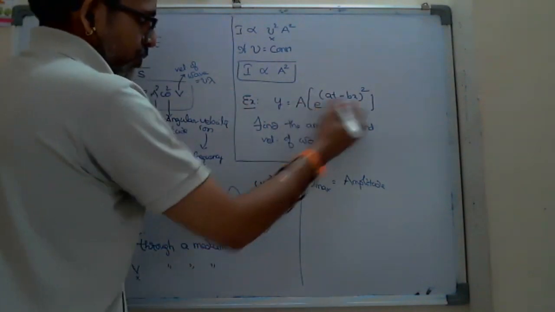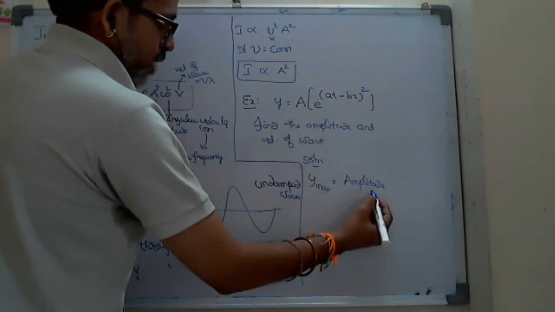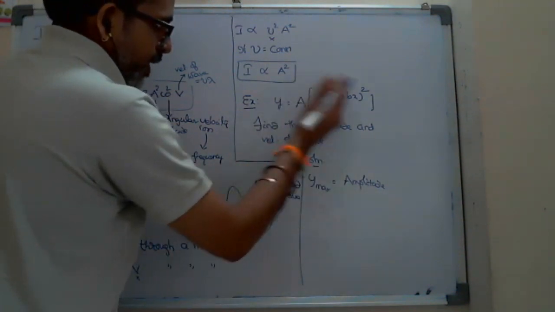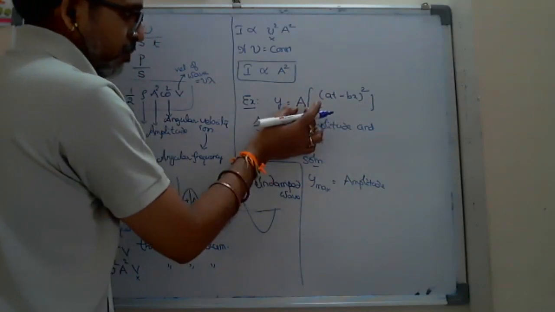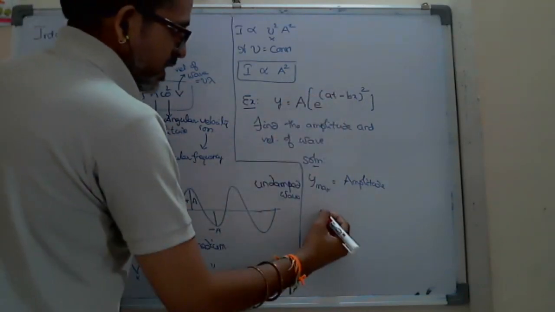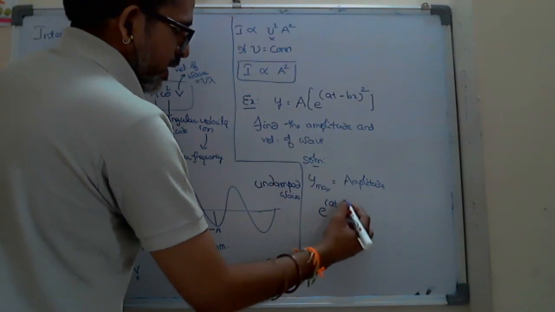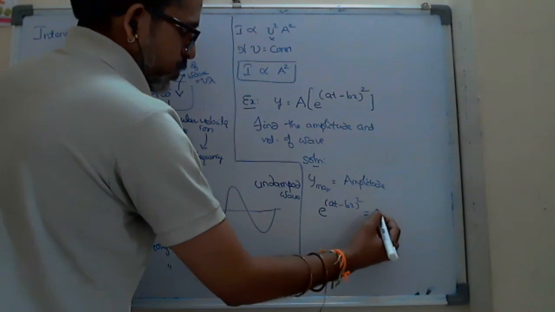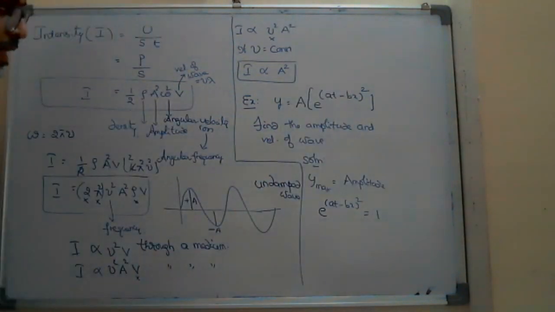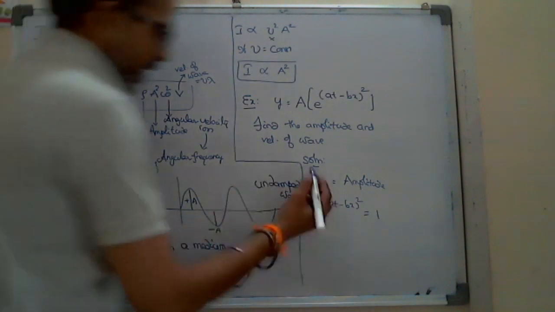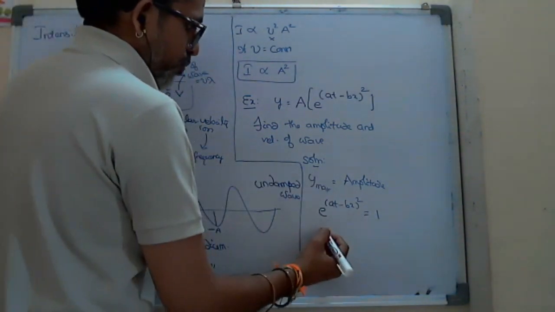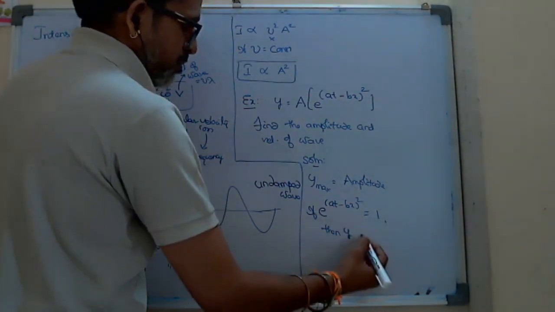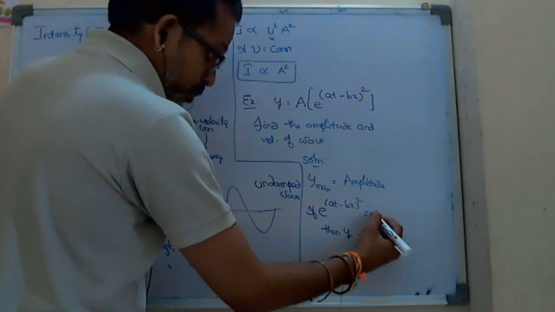So y max equals the amplitude, and in the given equation y becomes maximum when the coefficient of a, which is e power (at minus bx) whole square, equals plus or minus 1.